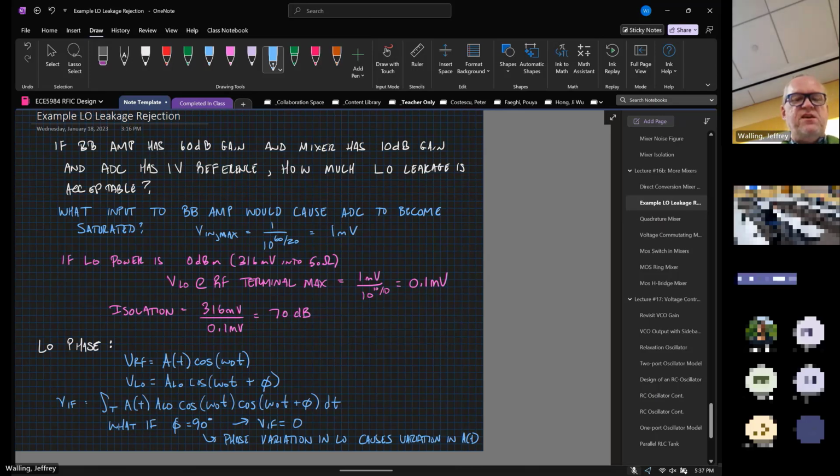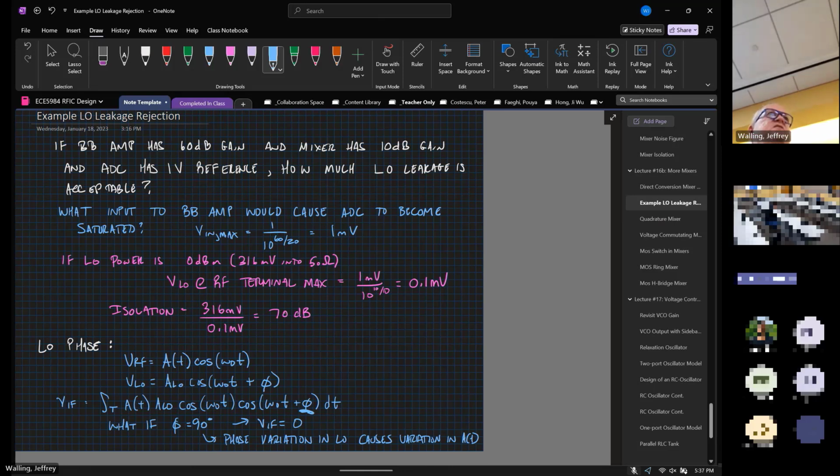And we can check to see what happens if the phase is equal to different values. Here, just a hypothetical, what happens if the offset phase in the LO is equal to 90 degrees? If you go through the math, you'll find that the IF amplitude would go to 0. If we tried different values of that offset phase here, we would see different values of amplitude.